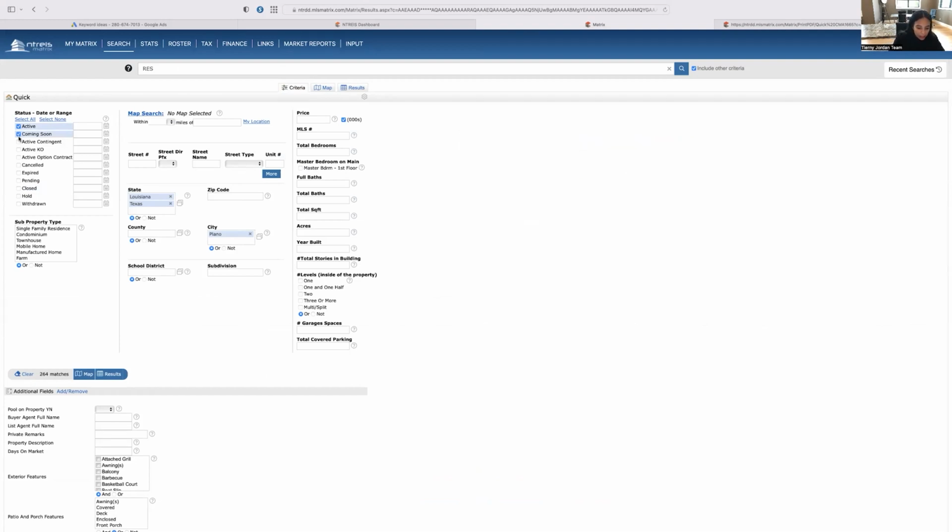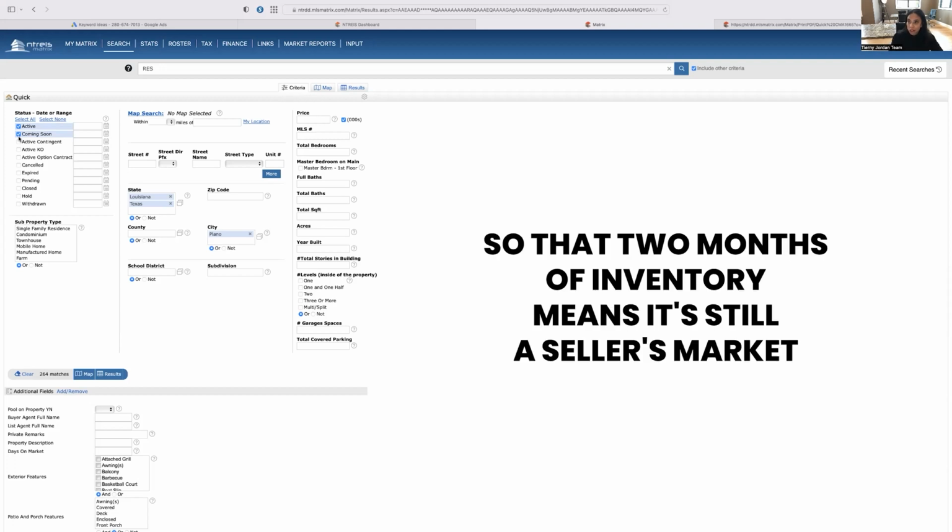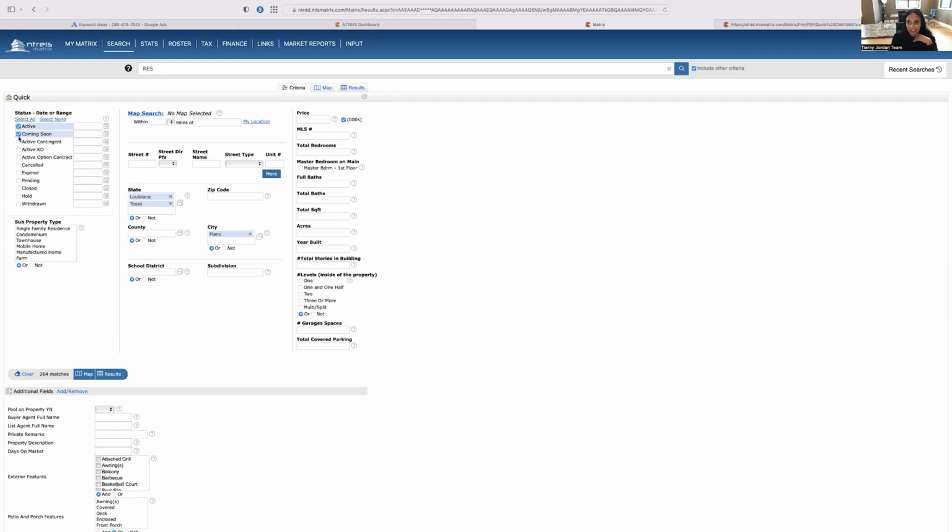So 264 divided by 118 gives me, there's about 2 months of inventory, right? So that 2 months of inventory means it's still a seller's market. So that's the area that I would focus on.